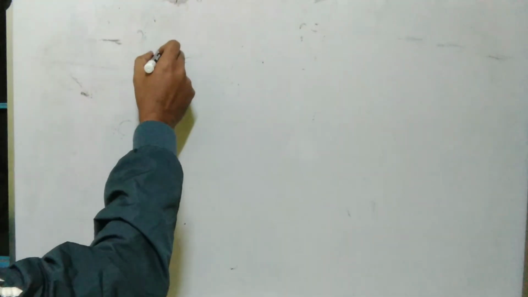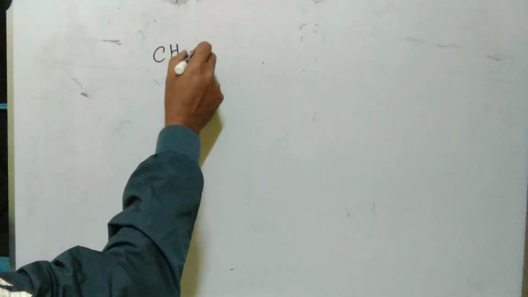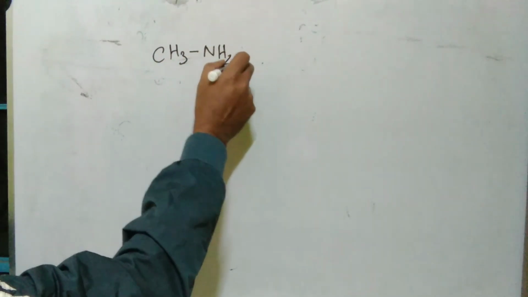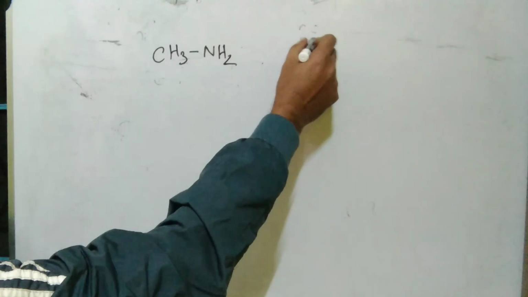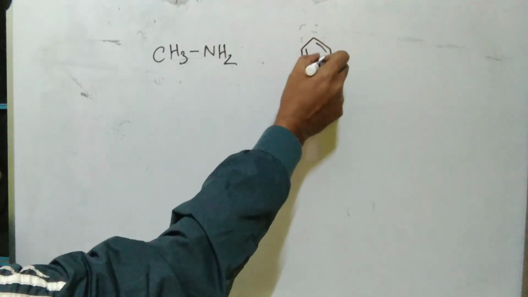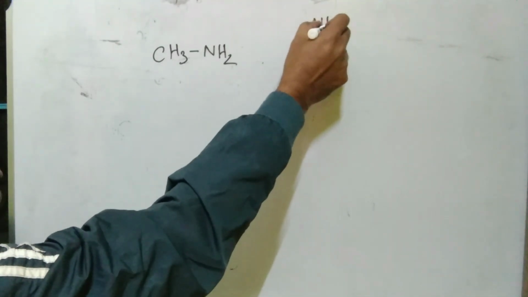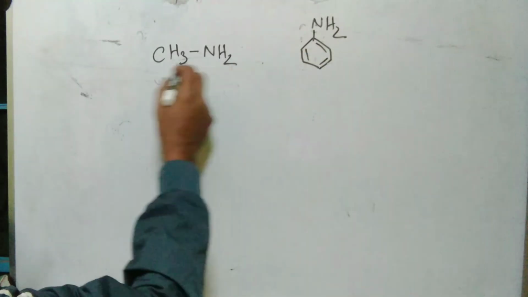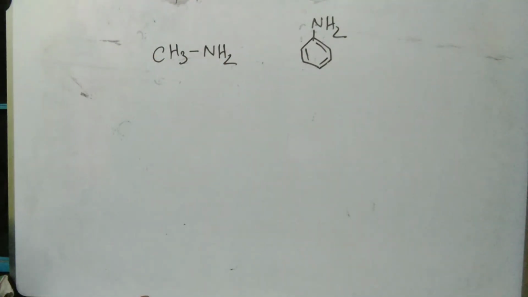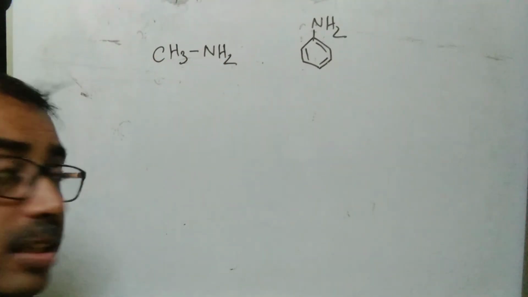CH3NH2 is methylamine, and aniline is a benzene ring with an NH2 group. This one is an aromatic amine and that is an aliphatic amine. Between methylamine and aniline, which one is more basic?